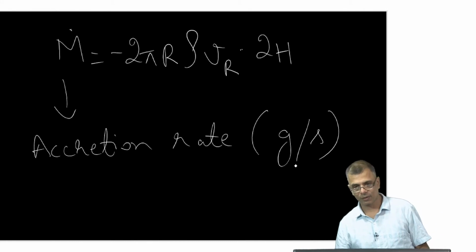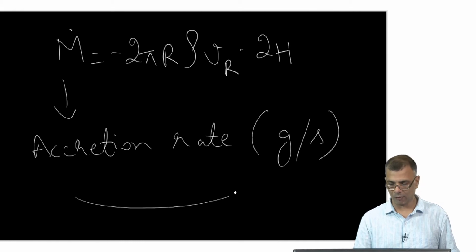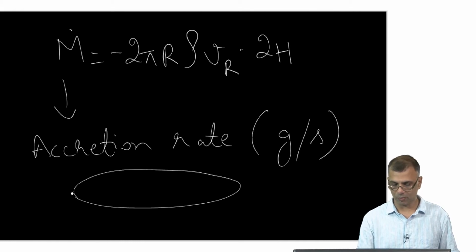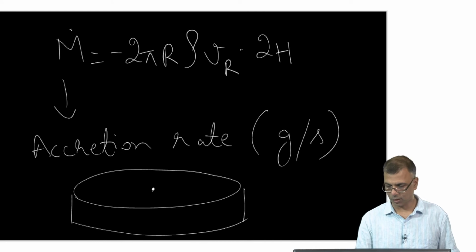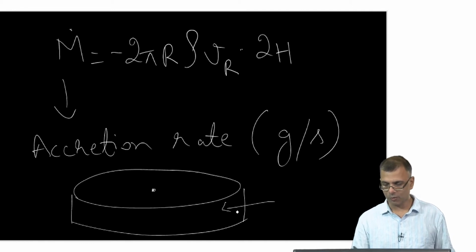Right? And so this simply is saying that you have an accretion disk like so, around a central object, and stuff is moving in this way with a radial velocity V r, slowly sinking in.